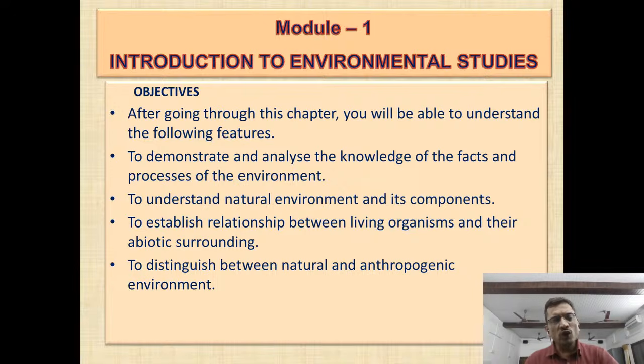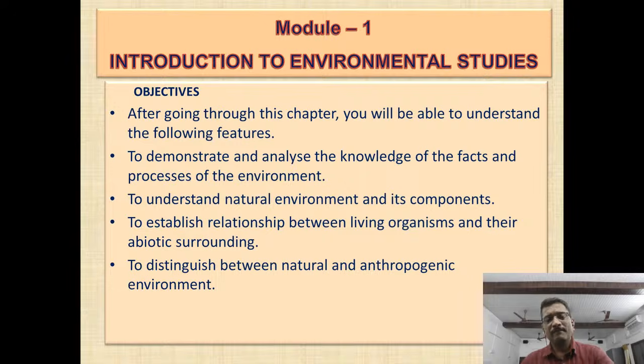So it is controlled by human beings. That's why it is called the anthropogenic environment. The anthropogenic environment is controlled by man, and the natural environment is not controlled by man, but by nature with the help of natural laws.